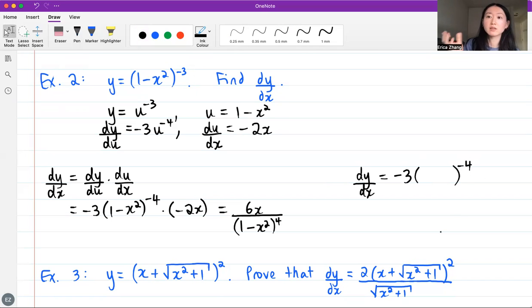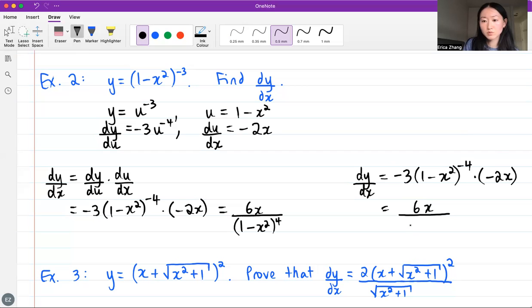By the chain rule, we have to take the derivative of what's inside the bracket. So then multiply this by -2x. And then whatever was in the bracket originally stays there. And then simplifying, you'll see we get exactly the same result as expected.